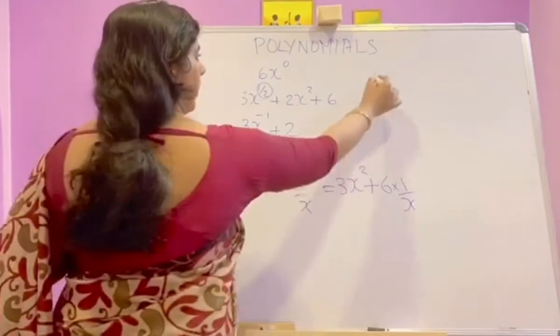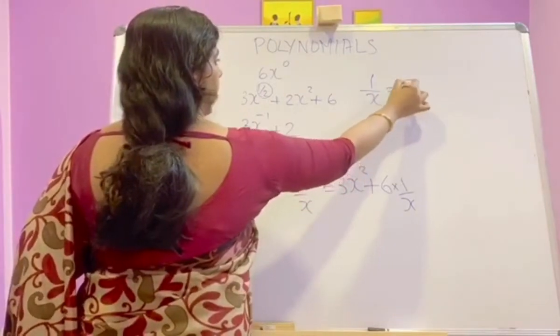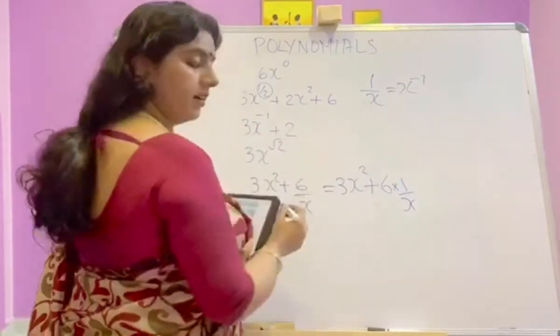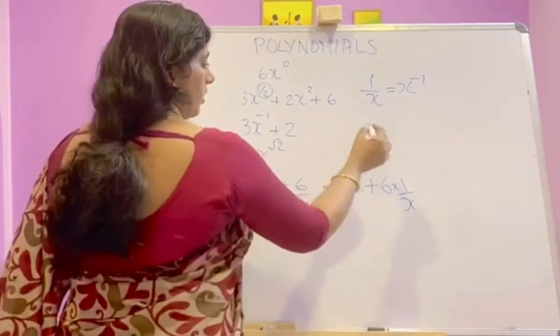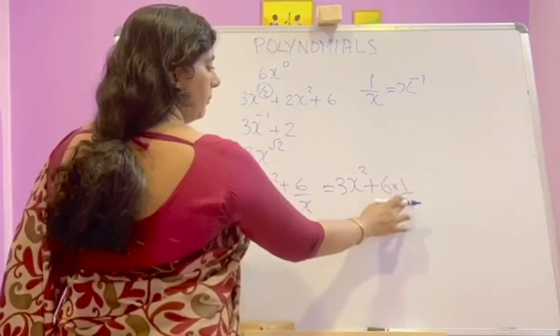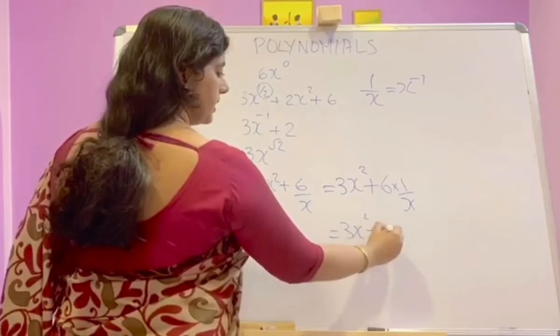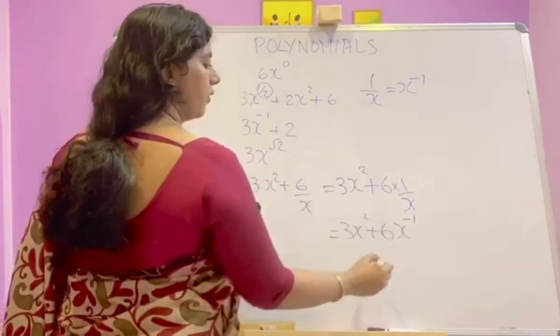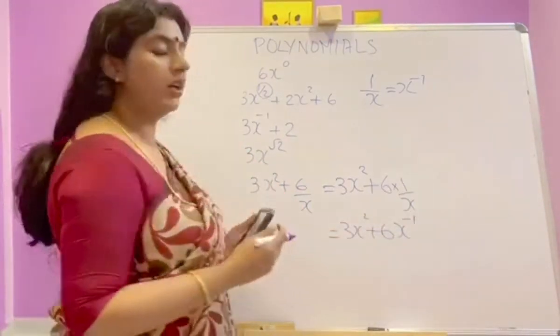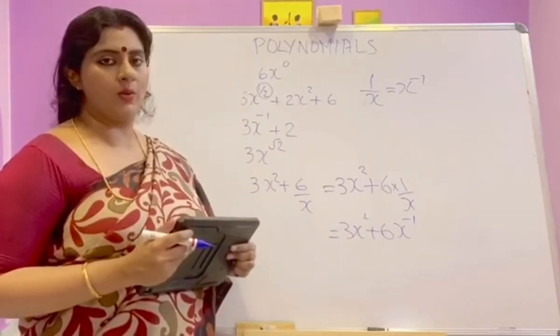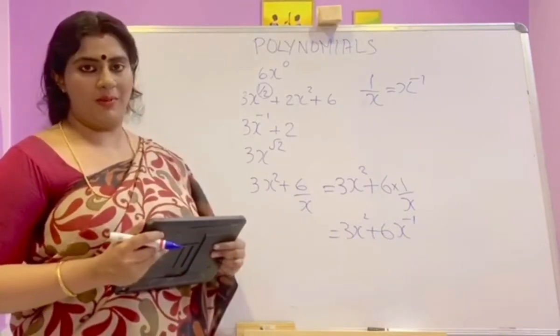Now 1 by x means x raised to negative 1. So here 1 by x becomes 3x square plus 6x raised to negative 1, and in the power you will get a negative value. So it is not a polynomial.